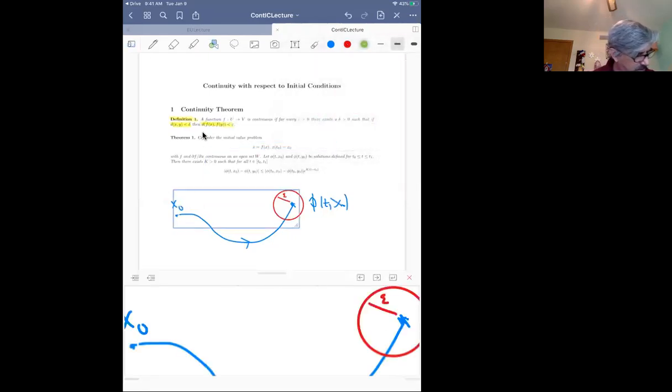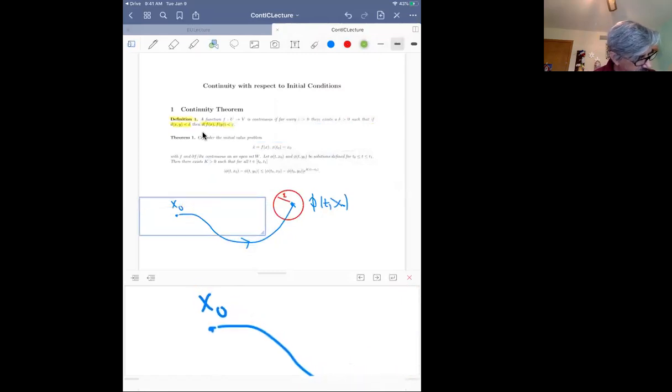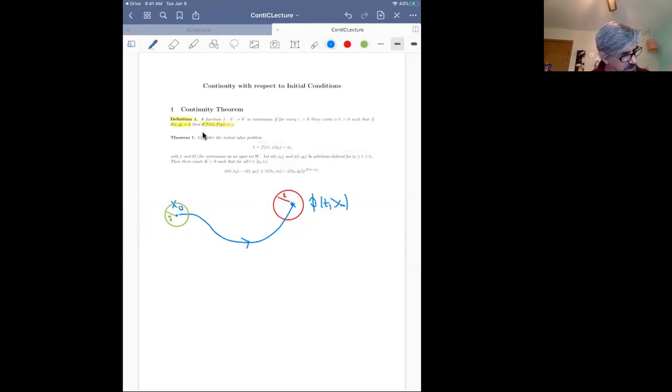We get some other circle centered there, and the radius of this circle is now delta. And what the continuity theorem says is that if I take any point in here, some other initial condition, then it is going to end up back there.